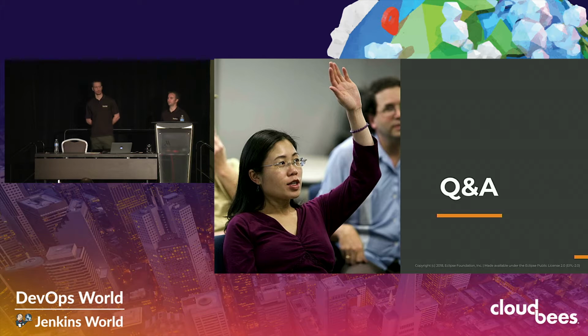Any other questions? Yes? How do you handle upgrades? So in our old infrastructure, this was actually quite a pain. As I said, we had 200 instances, and there was a security issue not too long ago. In that case, we used the init Groovy script that we deployed to all the instances and restarted them.